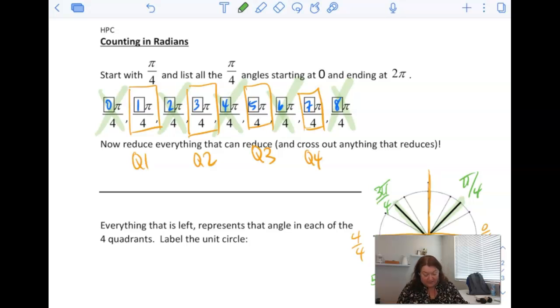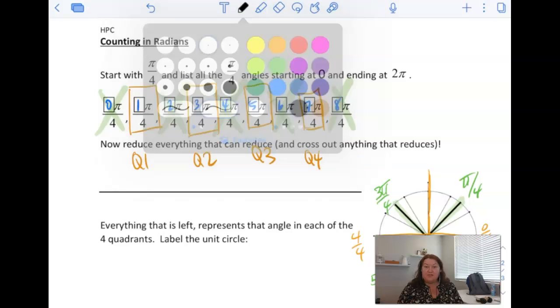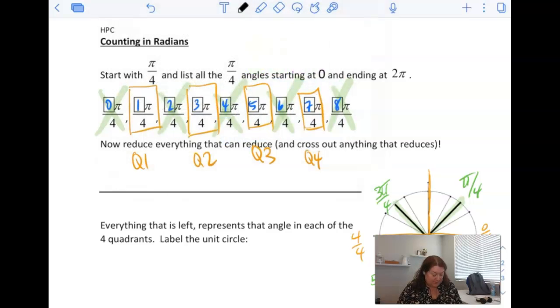Now, where are all the rest? The ones that we crossed out turn out to be on the x or on the y-axis. So 0 pi over 4 is right here. That was 1. This is 2 pi over 4, and 2 pi over 4 reduces down to pi over 2. So pi over 2 is right here. Next one? 4 out of 4 reduces to just pi.